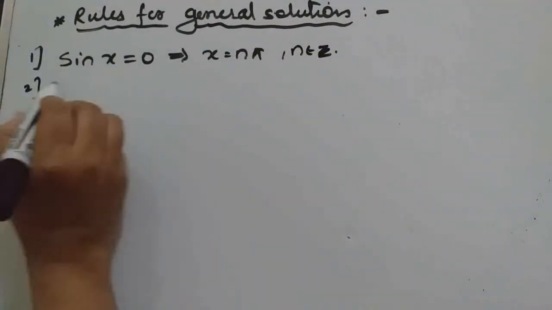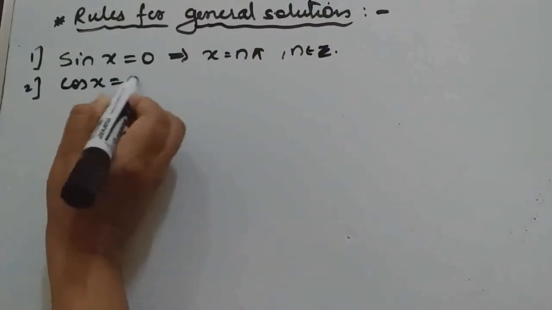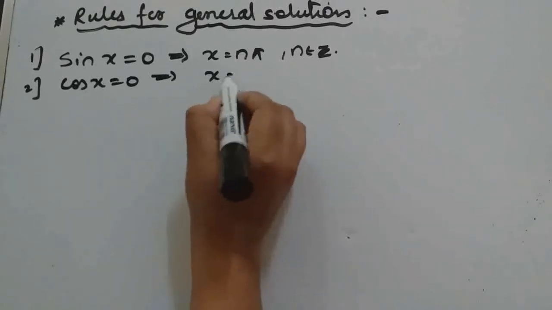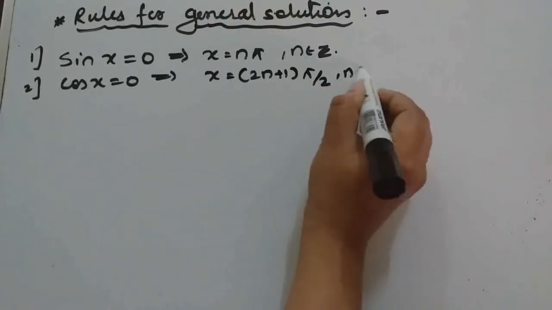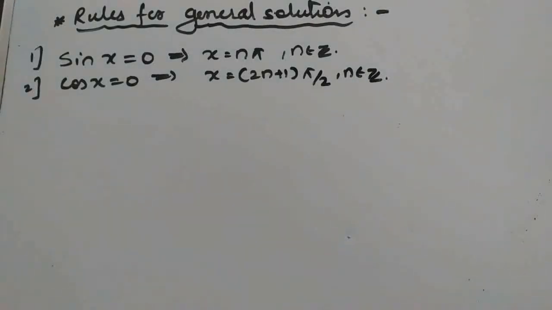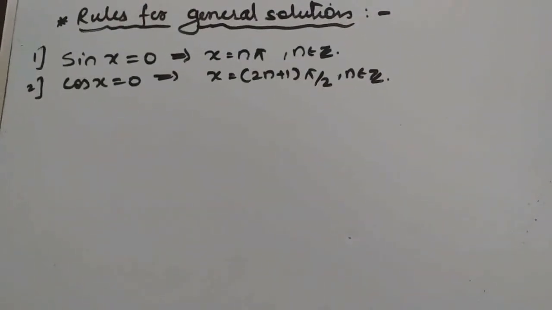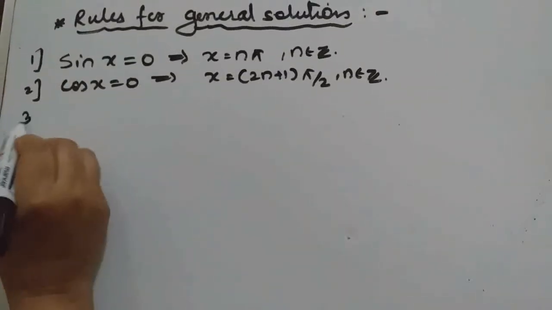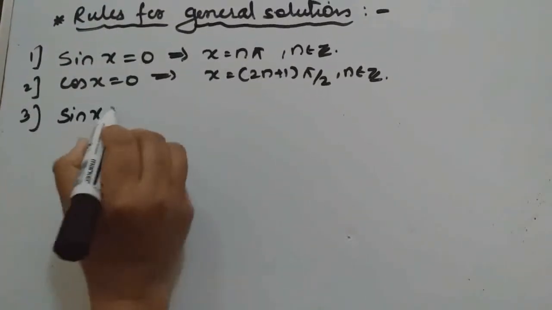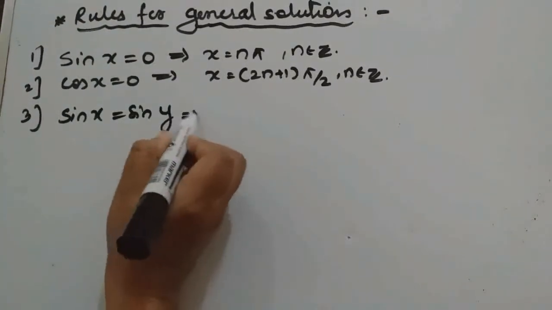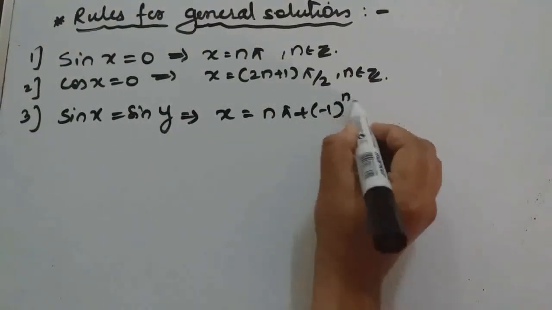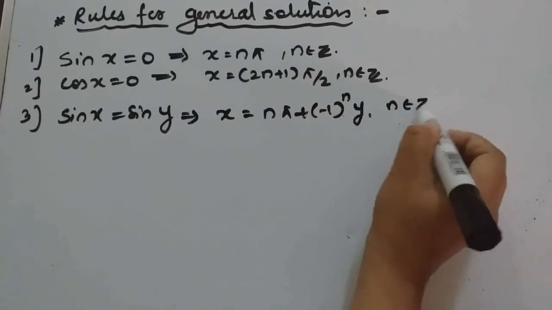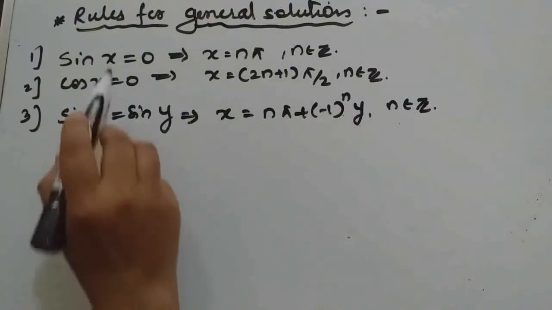One more we know already: cos x equal to 0 means x is equal to 2n plus 1, odd multiples of pi by 2, isn't it? n belongs to Z. Third one is sin x is equal to sin y, which implies x will be n pi plus minus 1 raised to n y, where n belongs to Z. See, this we have seen already.